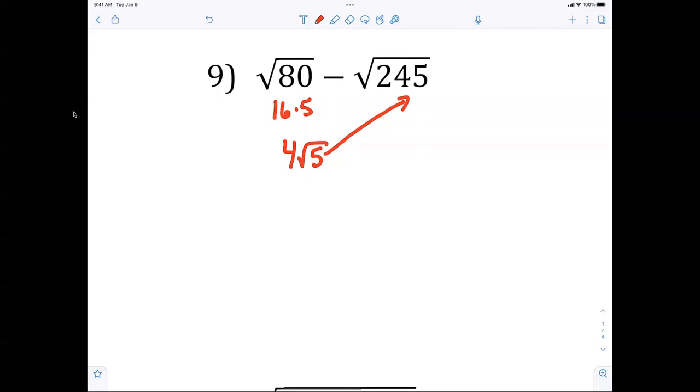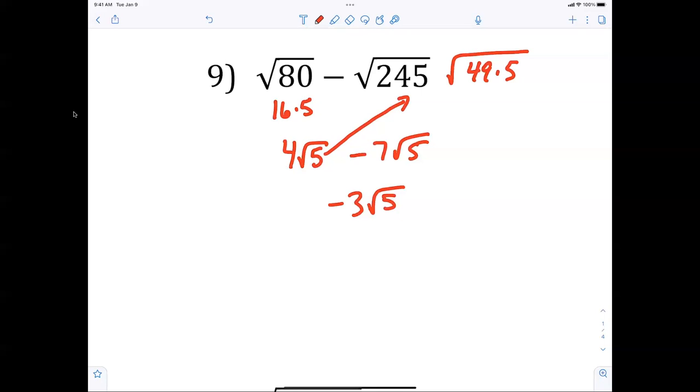And that's just what? 7? Yeah, 49 times 5. Everybody good with that? And so then we have 7 radical 5. Thank you. And so then the final answer there is just what? -3 radical 5. Any issues with that?